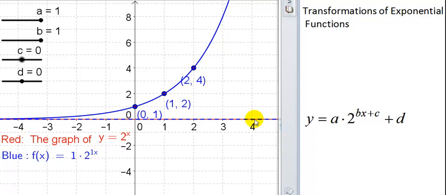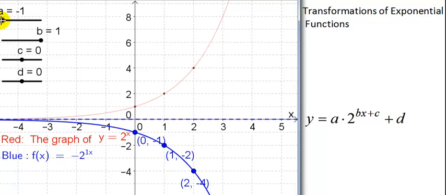So now I want to look at what happens when I change different values over here. What happens when I change my value of a? For this class, the only value of a you need to know is a equals 1 or negative 1. In the parent graph, a equals 1. So what's going to happen when a equals negative 1? Remember from our previous work with algebraic functions, when I multiply outside by a negative 1, it is a vertical reflection. Let's see in this case, does this look like a vertical reflection?